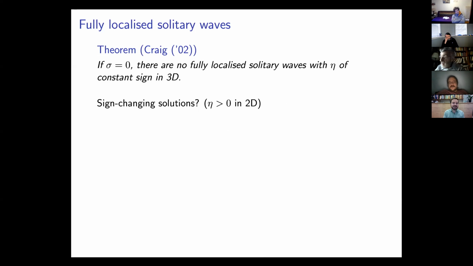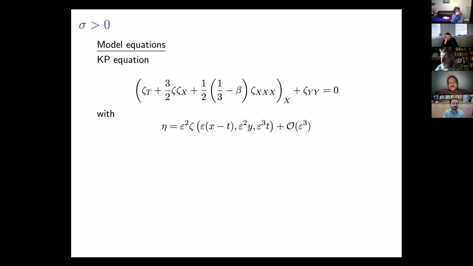Okay, so then to get some sort of positive results, I will now let sigma be positive. And okay, so there are essentially 2 different results I will talk about. And again, this has to do with the size of the Bond number, so weak or strong surface tension. And to explain the difference here, we look at model equations.